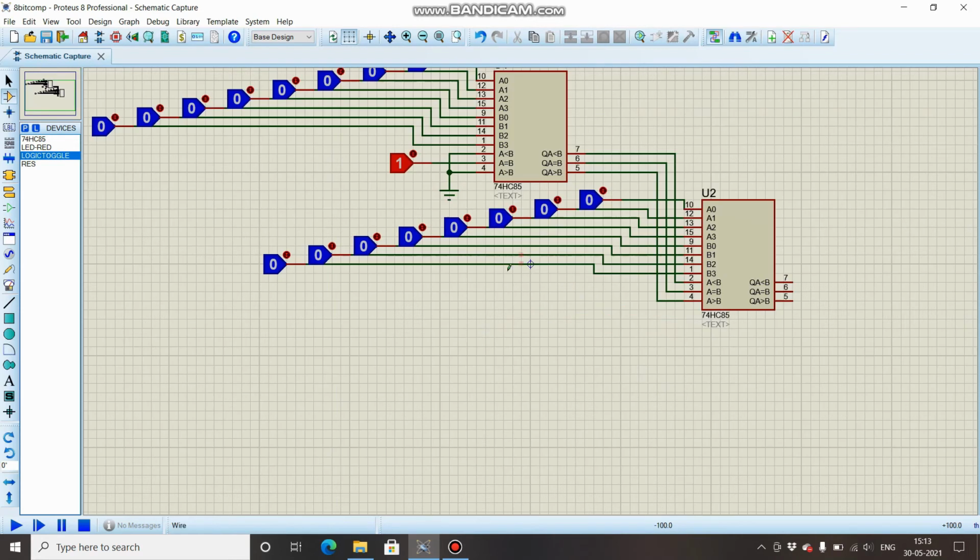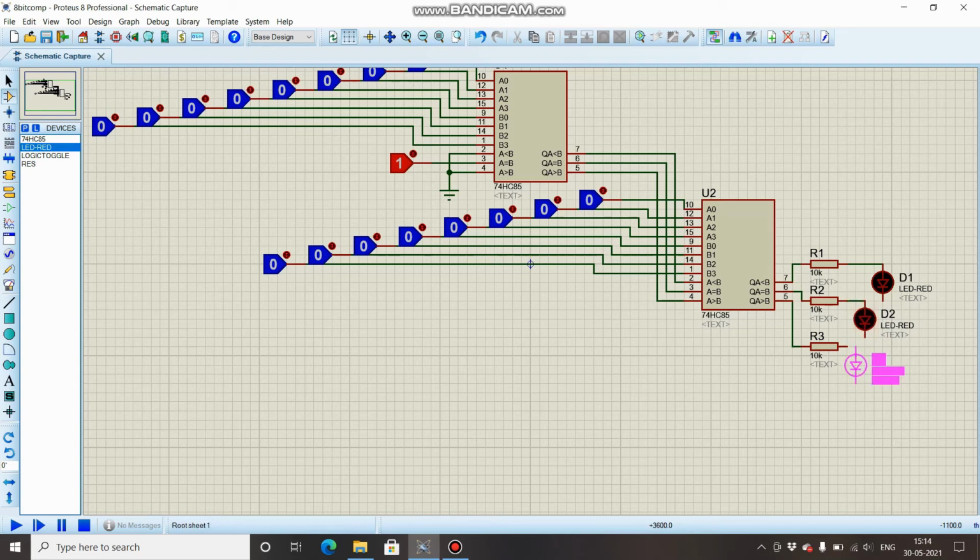All we are left to do is connect an LED through a resistor and check our outputs. So we'll add a resistor here, and we'll connect an LED. All the cathode terminals will be connected to the ground.